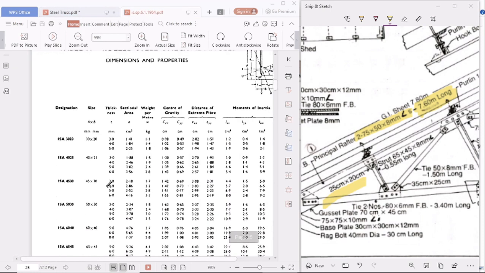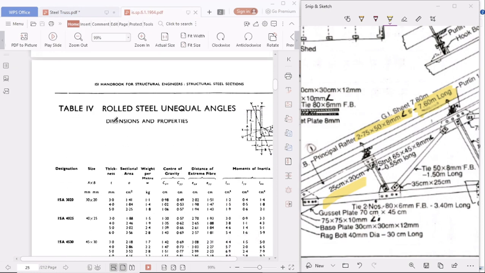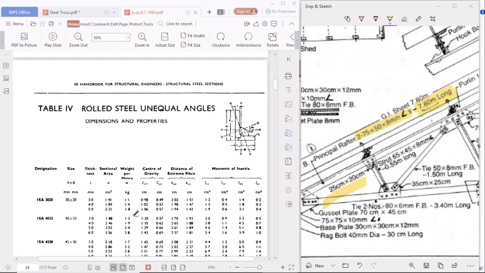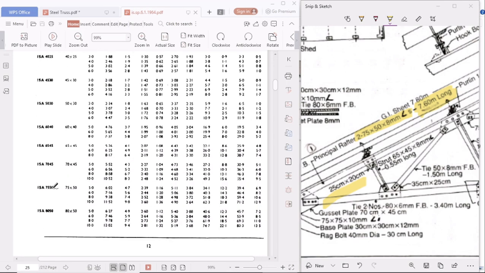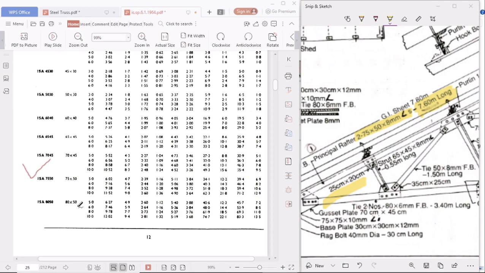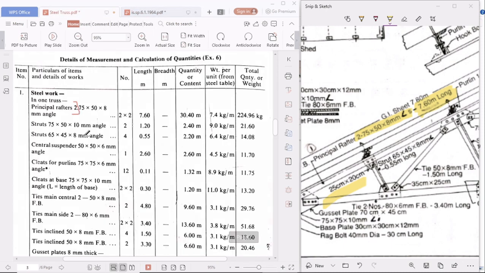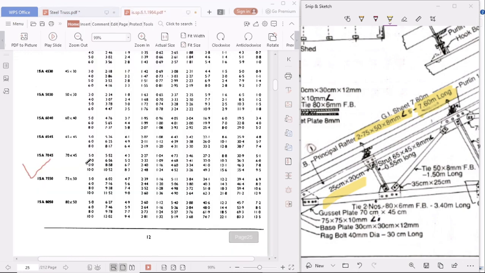See here, I'll come to this SP 6. So ISA 75 into 50, we got it. So how much mm was there? See here, 75 into 50 into 8 mm, right? So for this 8 mm, what is the weight per unit?